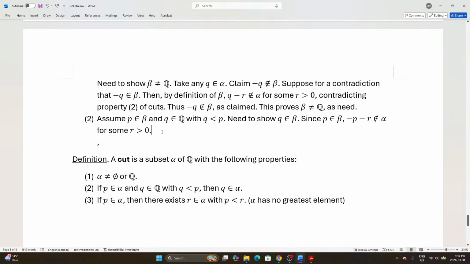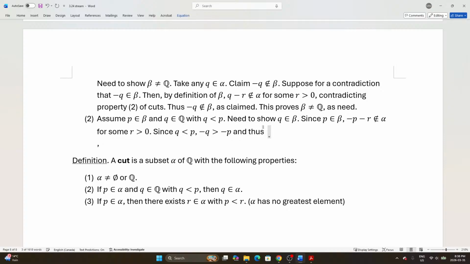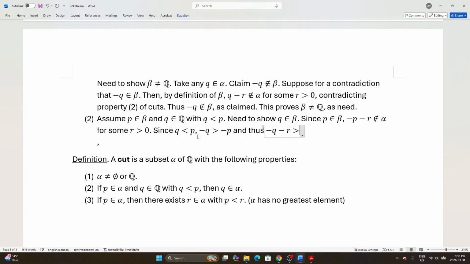All right, so I think we can write it up now. Okay, that's our goal. Since q is less than p, we have minus q is greater than minus p, and thus minus q minus r is greater than minus p minus r.